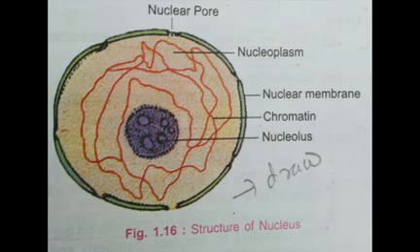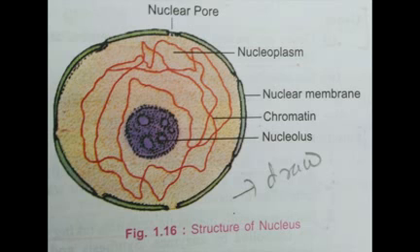Nucleolus, or in plural we know this as nucleoli. Usually one spherical body called the nucleolus is present inside the nucleus. Nucleolus doesn't contain any membrane.